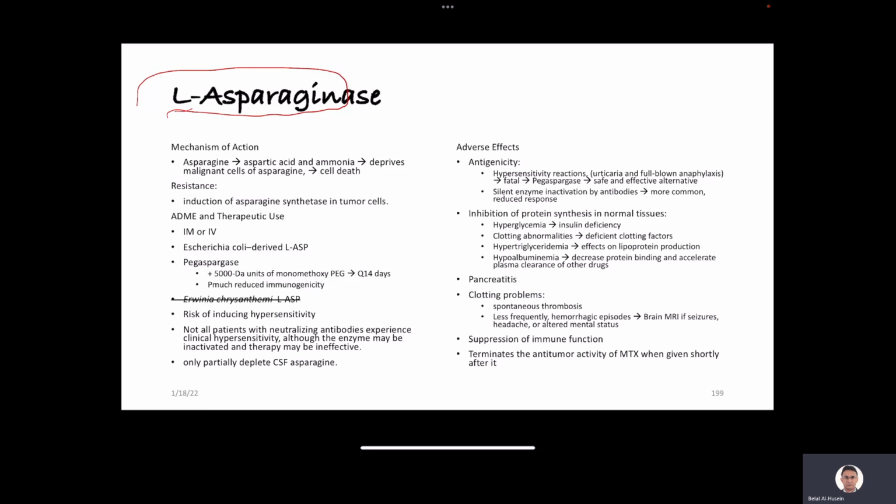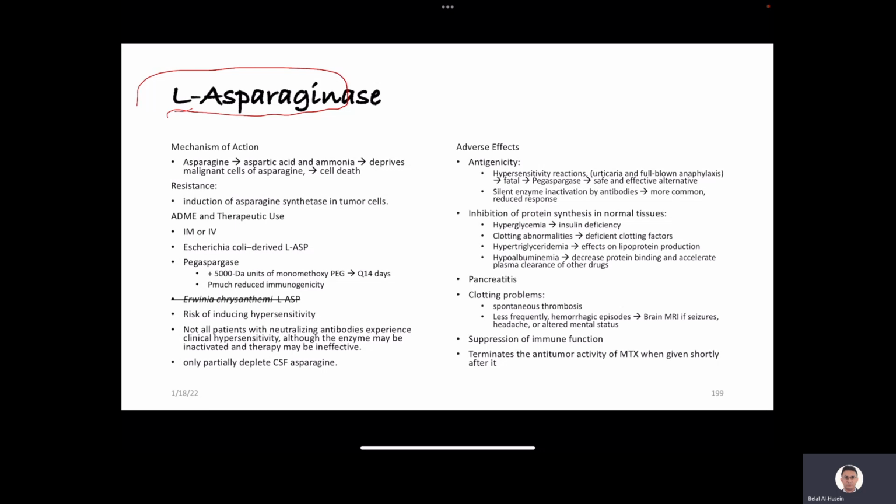So mainly L-asparaginase is used for leukemia, in fact. Resistance is mediated through the activation of formation of L-asparagine in tumor cells. Now, there are various forms of L-asparaginase.